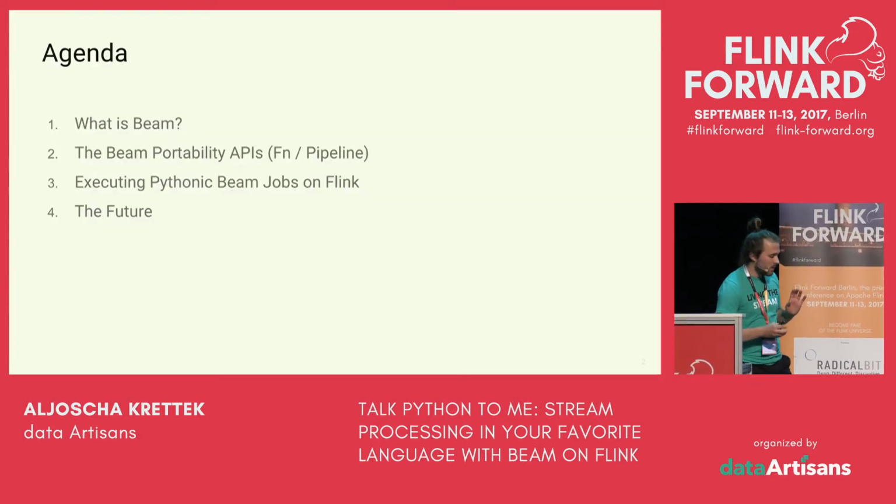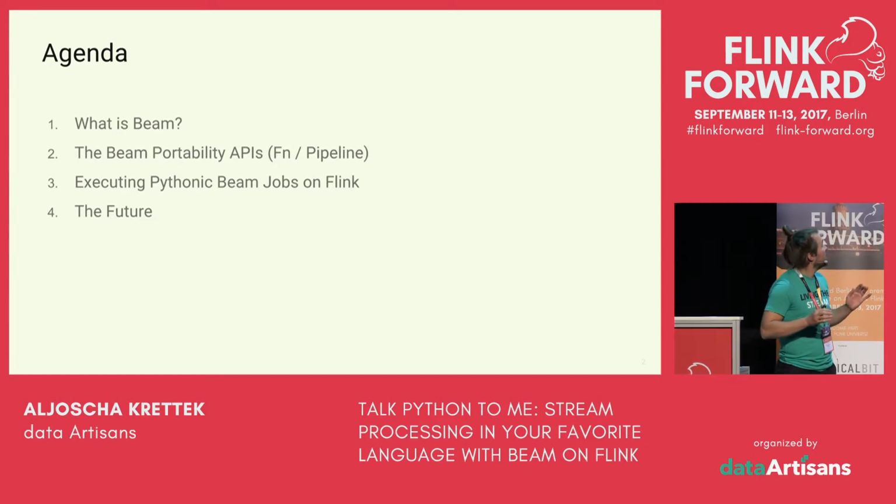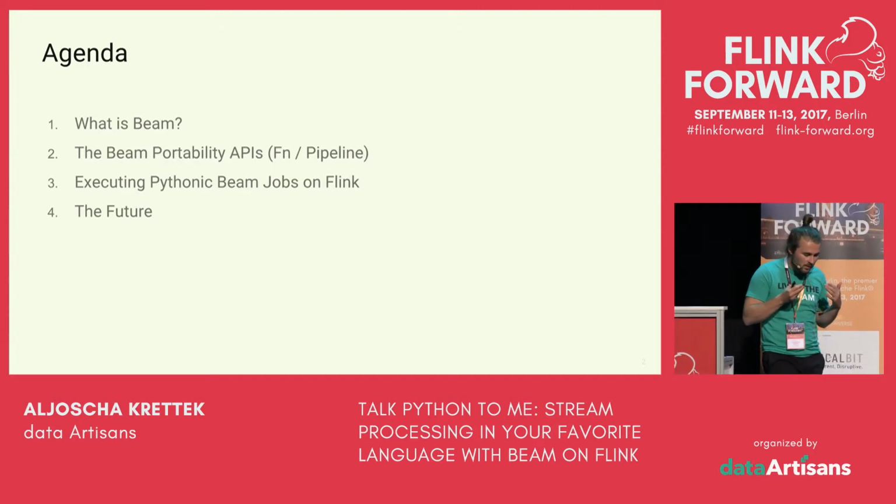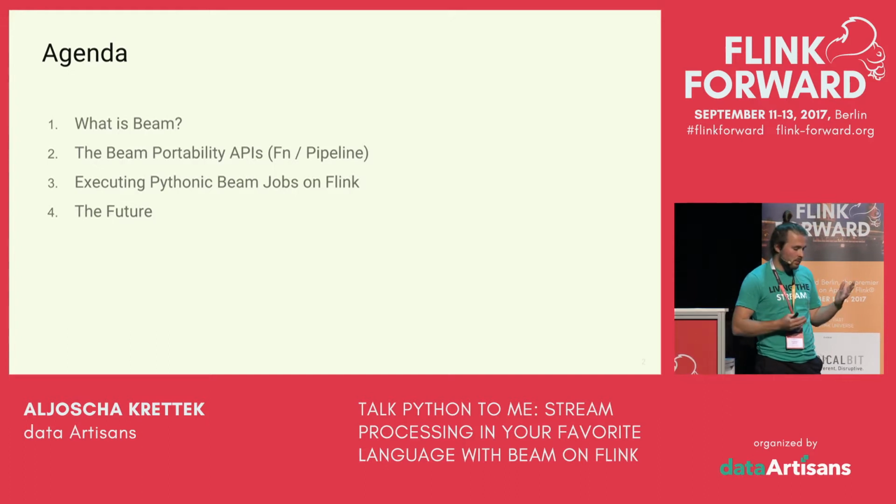So let's get started. What I want to talk about today is what is Beam, because I'm assuming that a lot of people know Flink, because this is Flink Forward, obviously, but some people might not know about Beam, so I want to talk a bit about that.